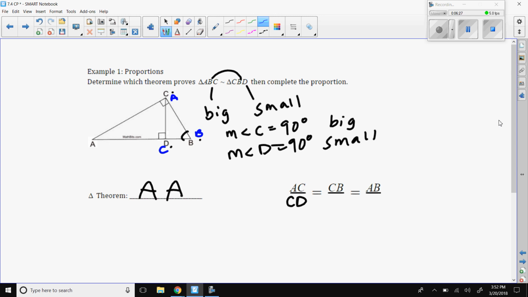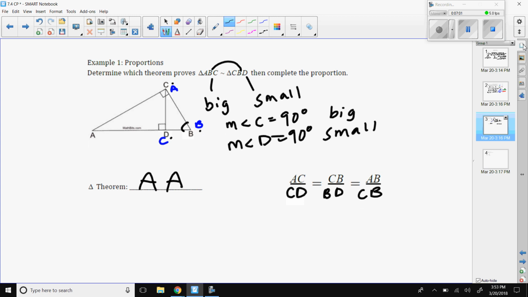CD is the same as AC. CB is the same as AB. Oh, I messed up here. I'm sorry. This one's BD, CB, BD, and then AB and CB.